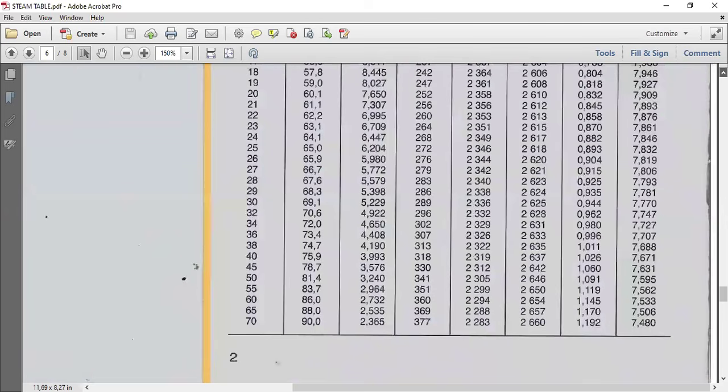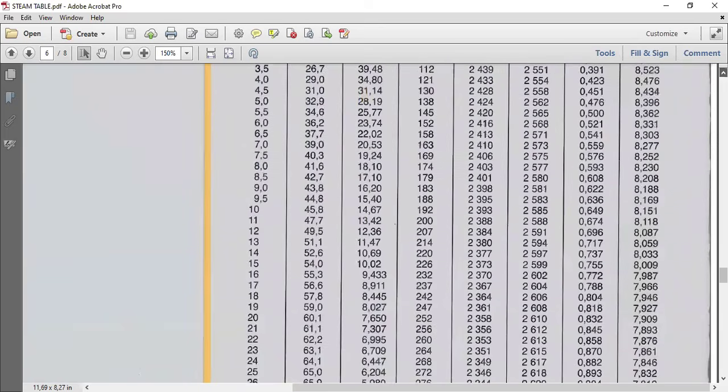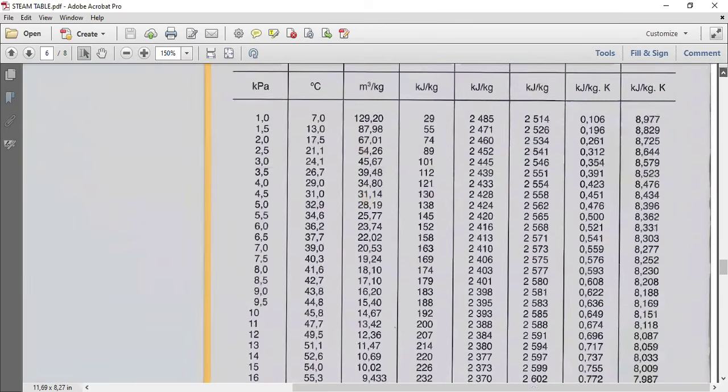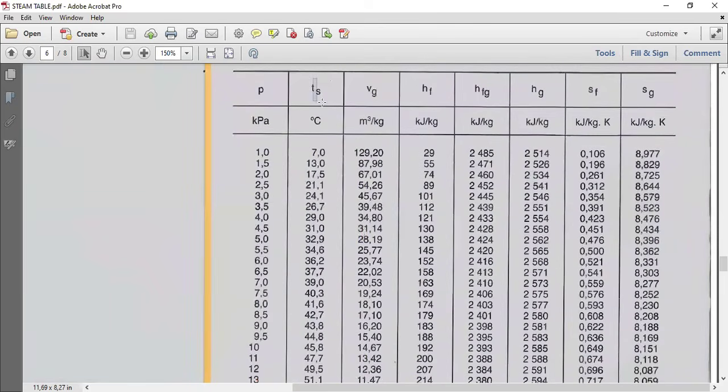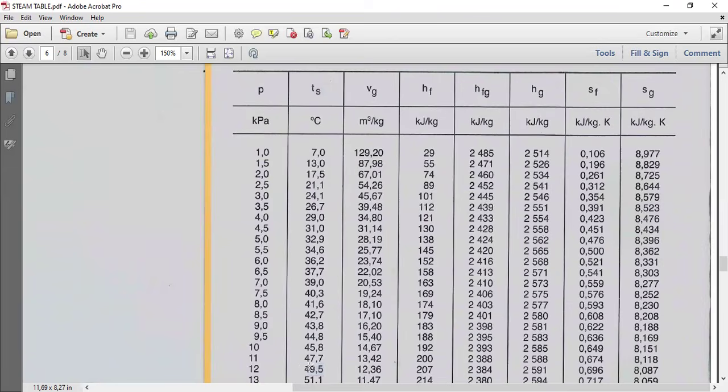According to mine here, this is where I have the temperatures. Down there we can see that we have got the 49.5 here.